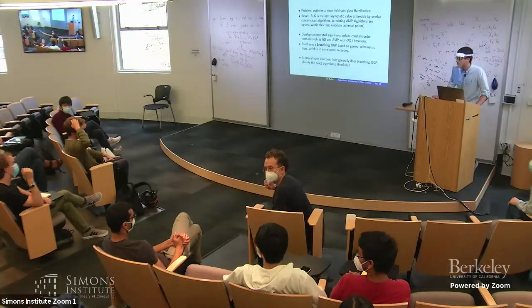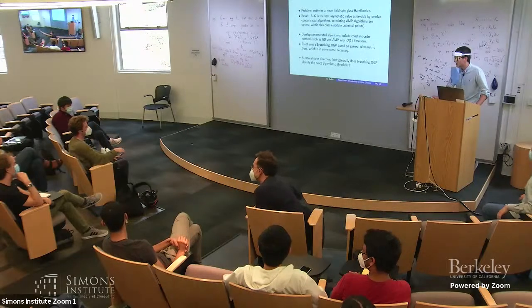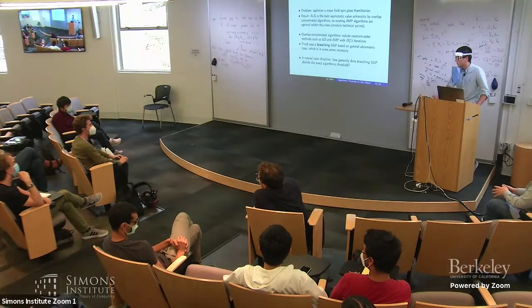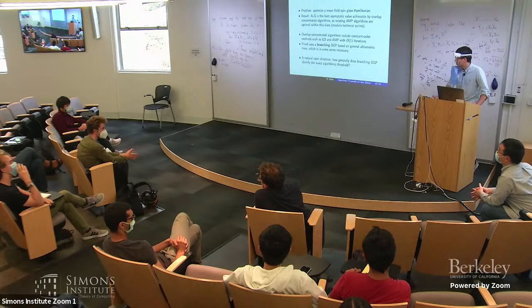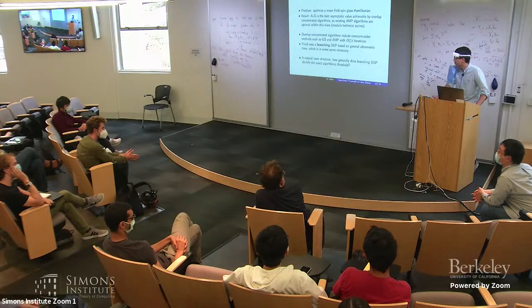Yeah, Sam. How much hope is there to bring other algorithms into the fold of what would be ruled out by this kind of concentration OGP? Yeah, that's a very good question. That's also a great direction.